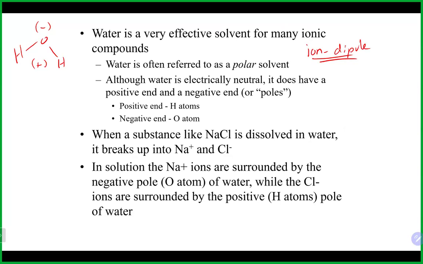Because water has a positive side and a negative side, it works really well when we put some type of ionic compound in it, because we will get two ions. The negative side of water will be attracted to the positive ion.